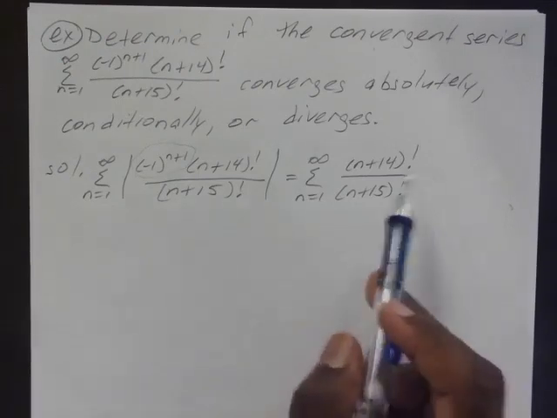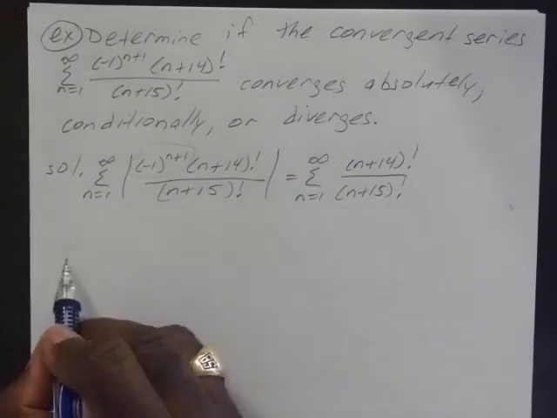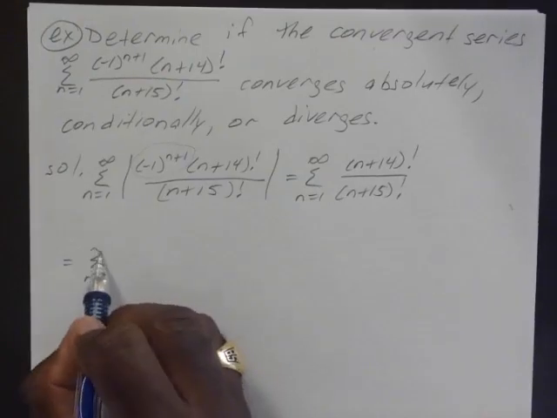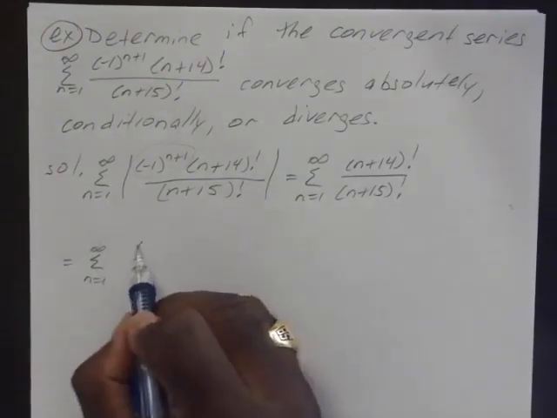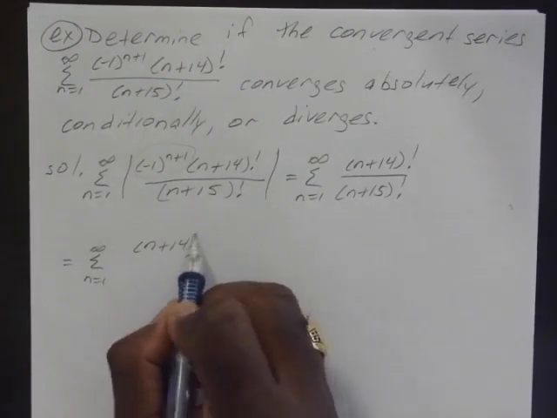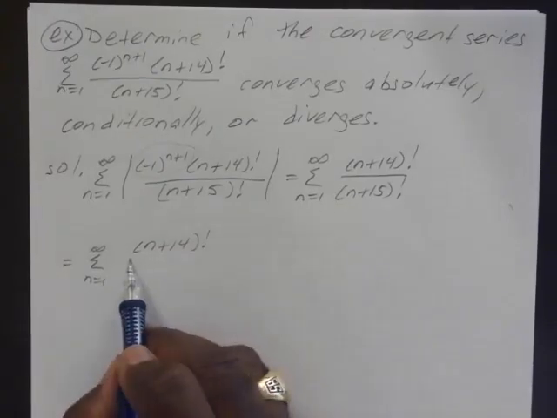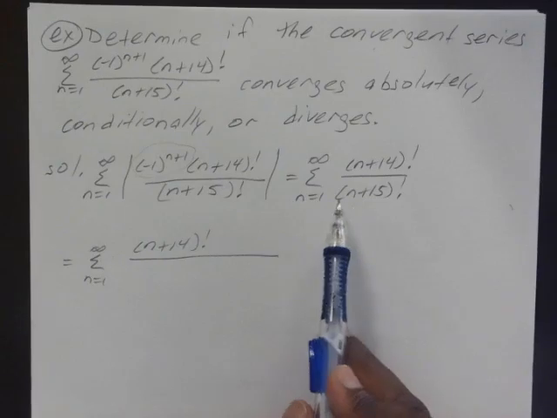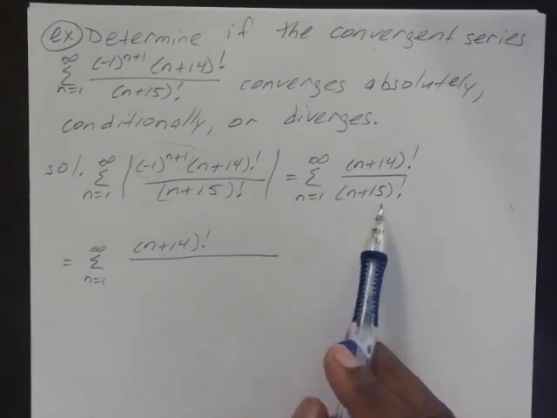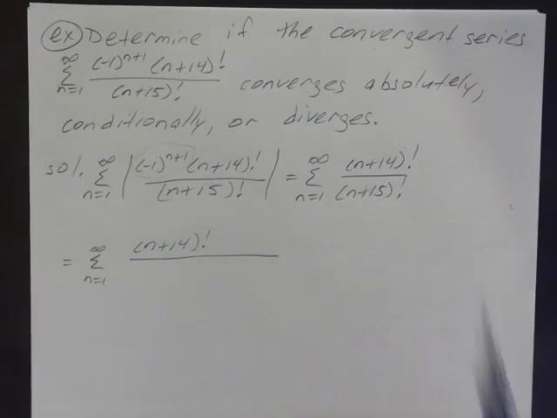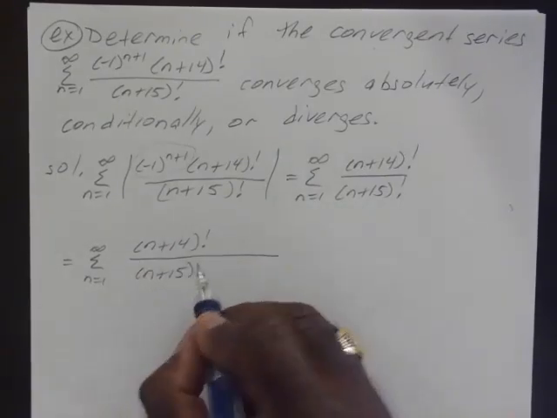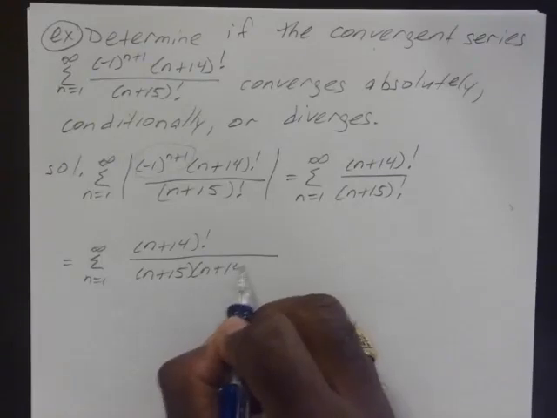Okay, so with these factorials, we can rewrite it as the sum from n equals 1 to infinity of n plus 14 factorial divided by n plus 15 factorial, which is just n plus 15 times n plus 14 times n plus 13 times n plus 12 and keeps on going. So yeah, n plus 15 times n plus 14.